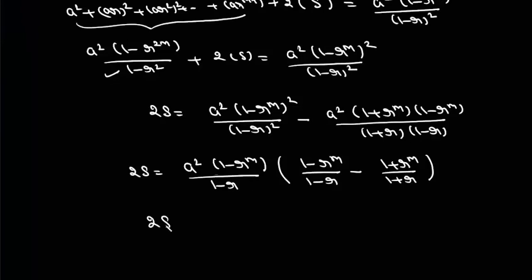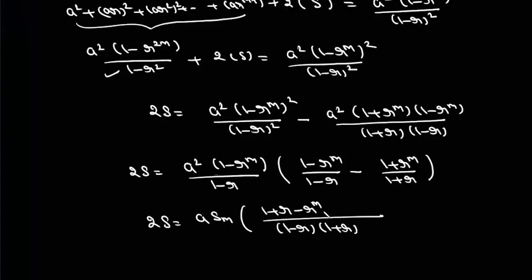So we can write 2S will be equal to a into Sm, and here we can write this as 1 minus r into 1 plus r, and here will be 1 plus r minus r to the power m minus r to the power m plus 1, and here will be minus 1 minus r to the power m plus r to the power m plus 1.